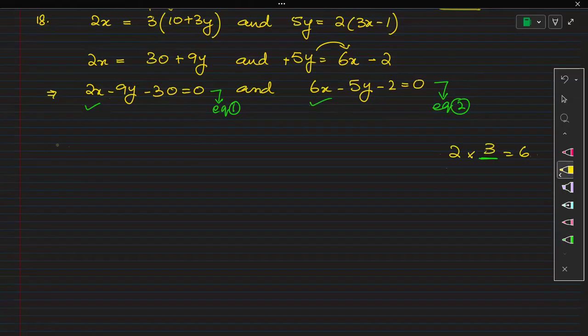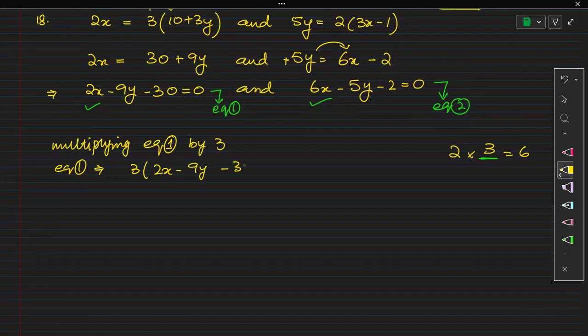So multiplying equation 1 by 3 only, you will get our intended output, right? So 3 times 2 is going to be 6x, 3 times 9 is going to be 27y, 3 times 30 is going to be 90 equals 0, right?